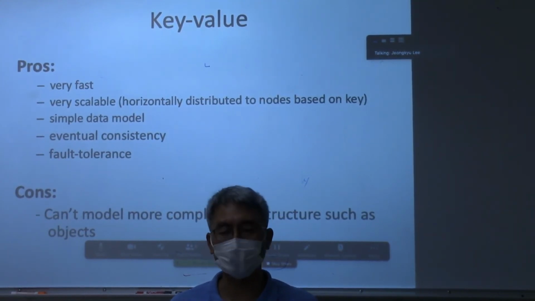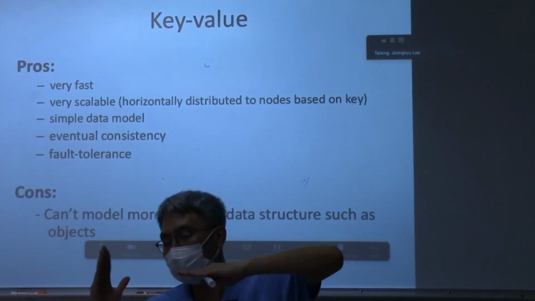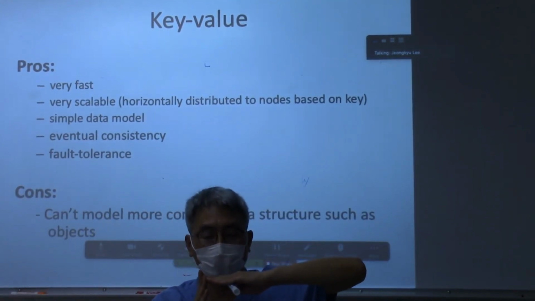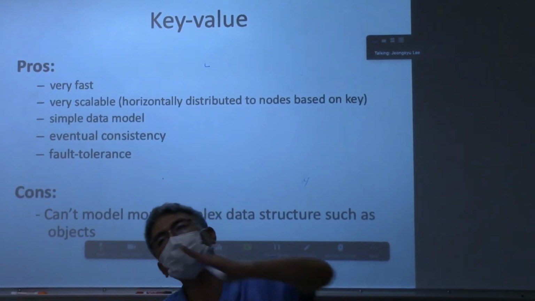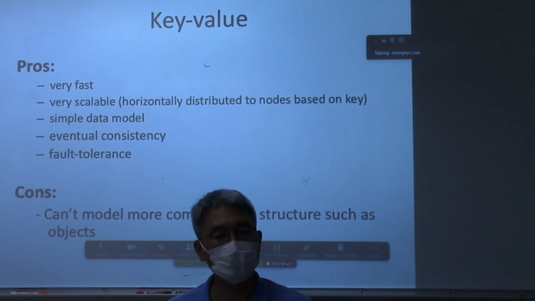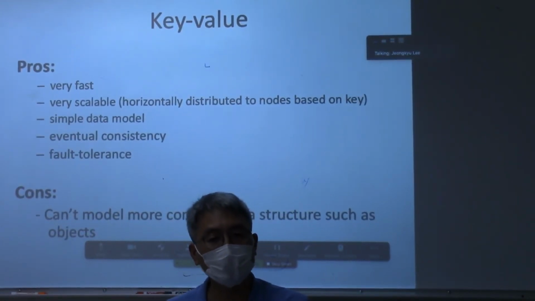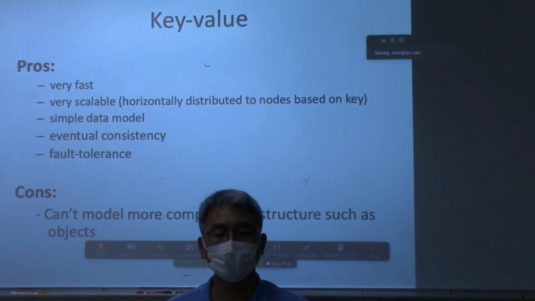It's very fast because of simplicity. And also it's scalable, so you can add the node. Like the Hadoop HDFS has very high scalability, linearly increasing. And the data model is simple because it's a key and value. In other words, that can be the problem. You cannot model a very complicated, complex data model.